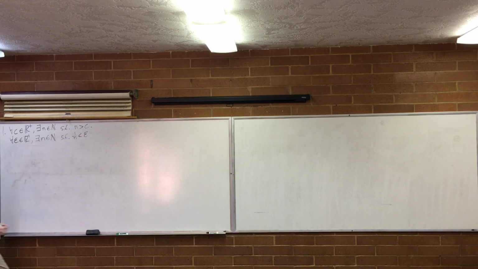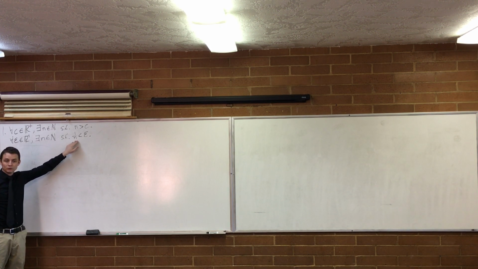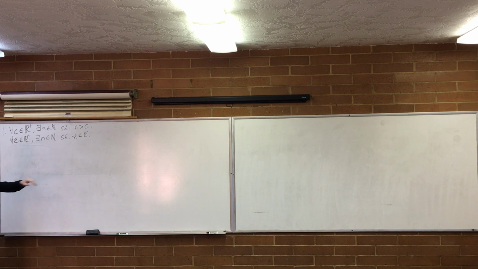So in short, any positive number you pick, I can find a bigger positive number, and any small positive number you pick, I can find a smaller positive number. So you can't ever find the smallest positive number, and you can't ever find the biggest positive number. Okay? That makes sense?